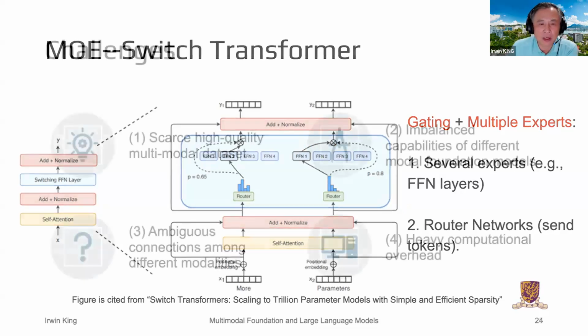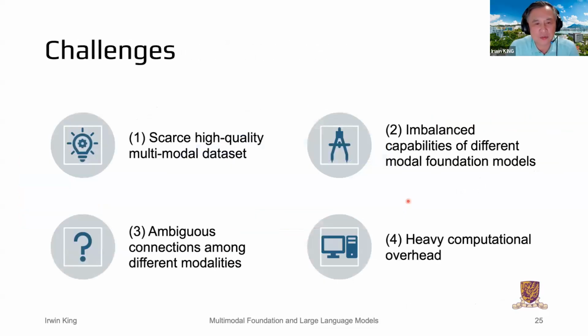But what I want to say is that the challenge for doing this comes from a few things. First, we don't have so much high quality multimodal data. Right now, single-modality data we clearly have in abundance. We have text, the internet is full of text, right? Image and text, yes. Video and text, not so much. So we're missing a lot of these things, and training on multimodal data is difficult.